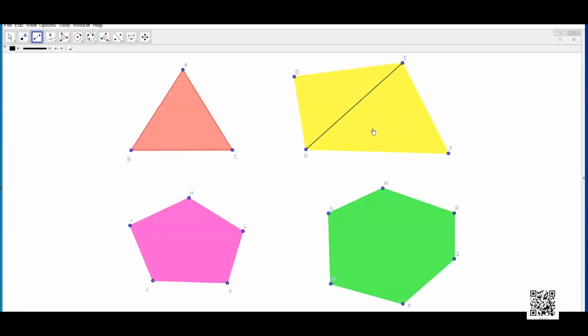Now, moving on to the pentagon, again we draw the diagonals to split it into smaller triangles. So, we will do that. We have joined two non-consecutive vertices, that is I and K, and then H and K. So, now we have split the pentagon into three triangles.